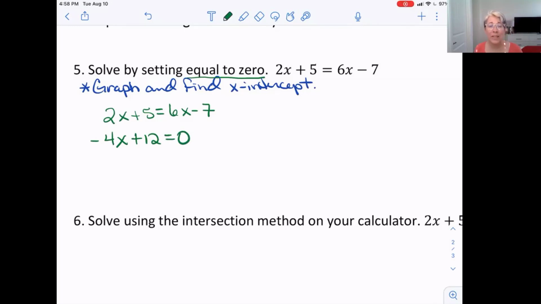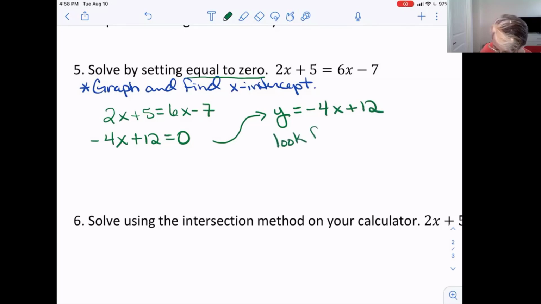Okay. So now we're going to switch over to your graphing calculator. And we're going to plug in the equation y equals -4x plus 12 and look for the x-intercept.